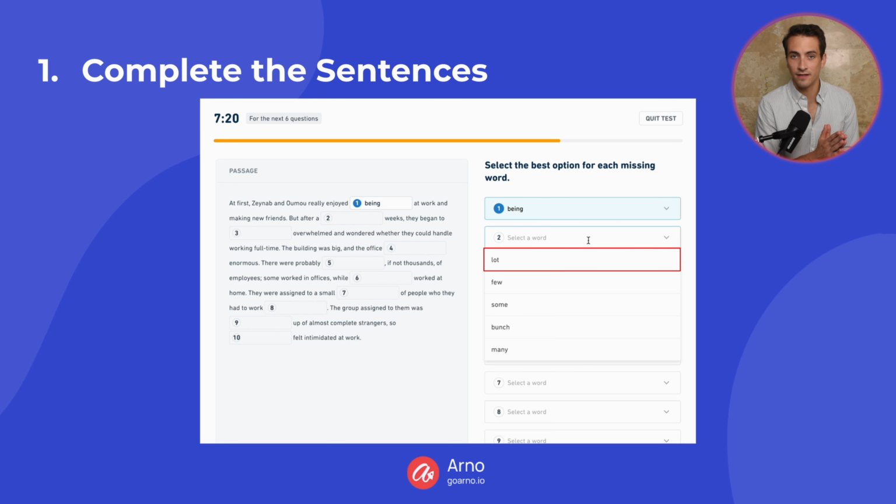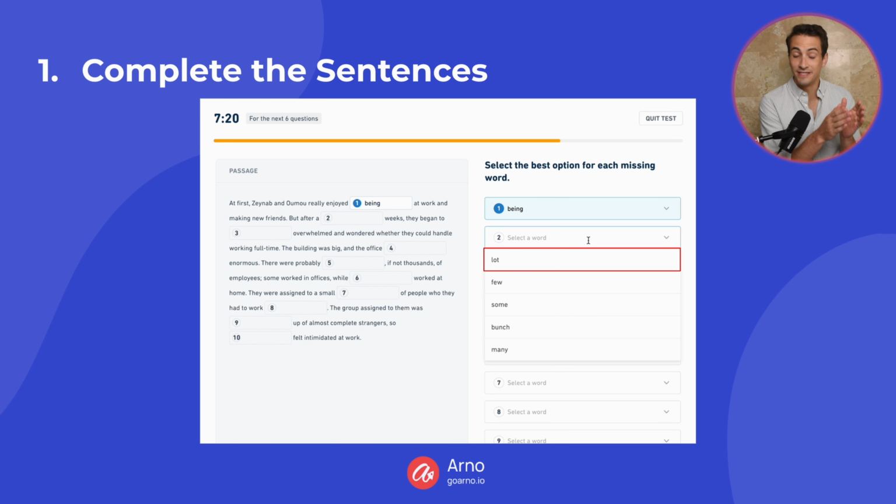In this second blank, it comes in the sentence, but after a blank weeks, they began to blank overwhelmed and wondered whether they could handle working full time. You'll notice in this second sentence, we have 2 missing words, which makes it much more difficult to identify both of the missing words.